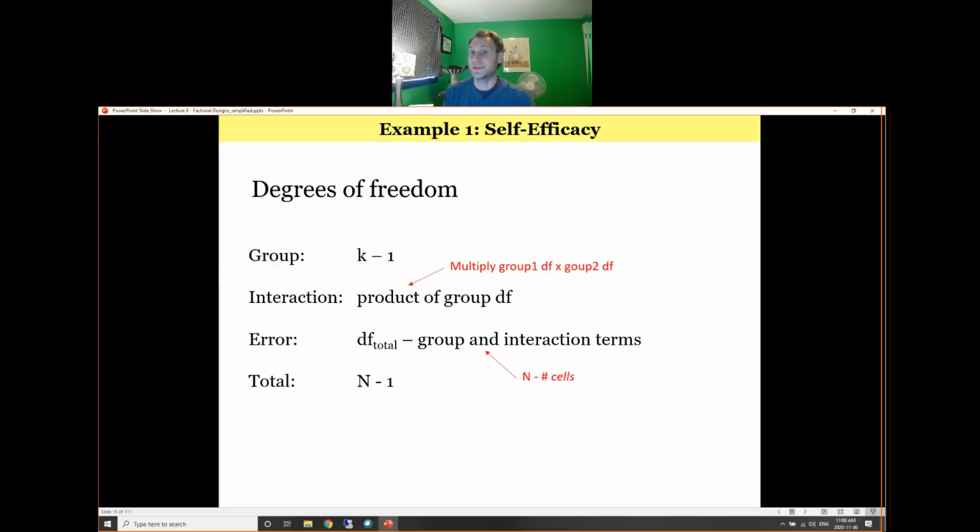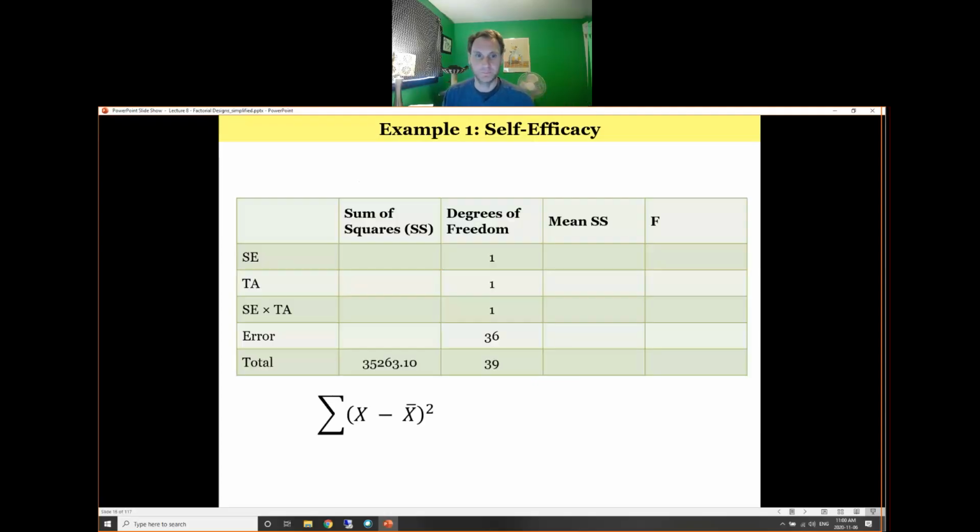Or another way to do that is it's the total N, the total number of participants, it doesn't matter what group they're in, just the total number of participants minus the number of cells. So in this case, it's a 2x2 factorial design, so we have 4 cells, right? 2 crossed by 2. And again, our total degrees of freedom is our uppercase N minus 1, where uppercase N is our total number of people in the experiment.